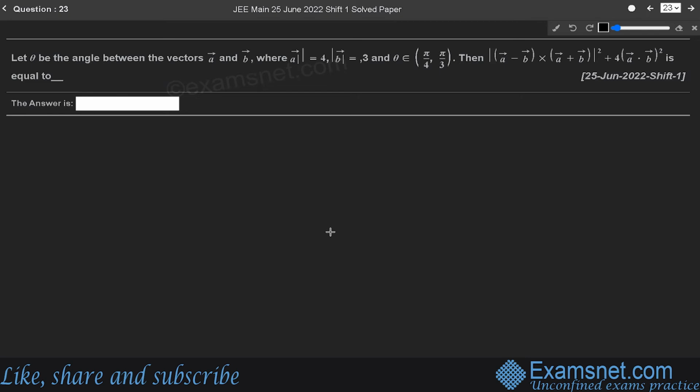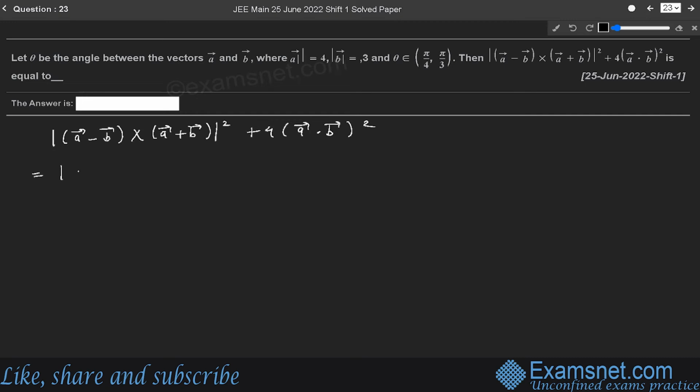So we have to find mod of (A vector minus B vector) cross product (A vector plus B vector) whole square plus 4 into (A vector dot B vector) whole square.